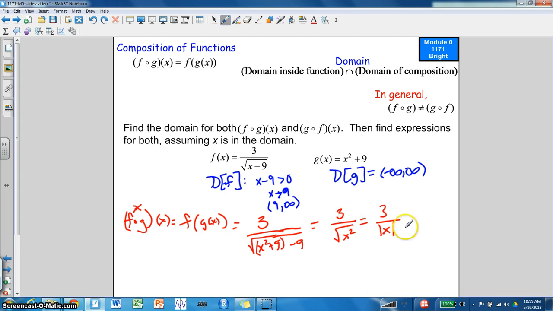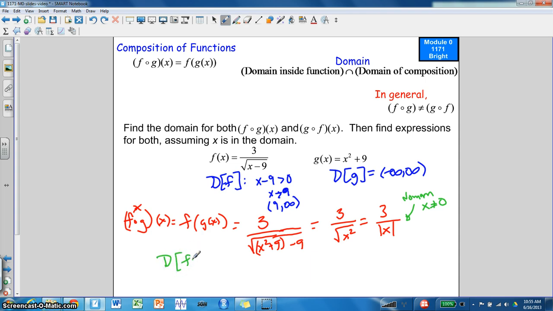And then the domain of this is really, we can have everything except x can't equal 0, so I'm just going to make that little side note.